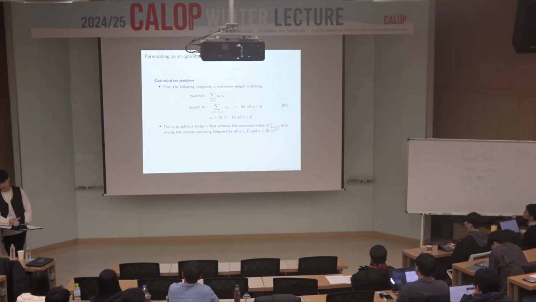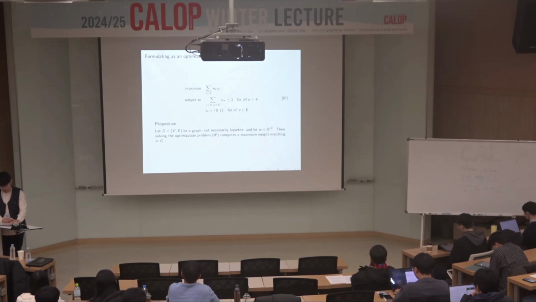Okay, and that gives you an algorithm that always computes the maximum weight matching in G. And the proof of this statement is that we argued that any 0, 1 vector satisfying the degree constraint has to correspond to a matching.